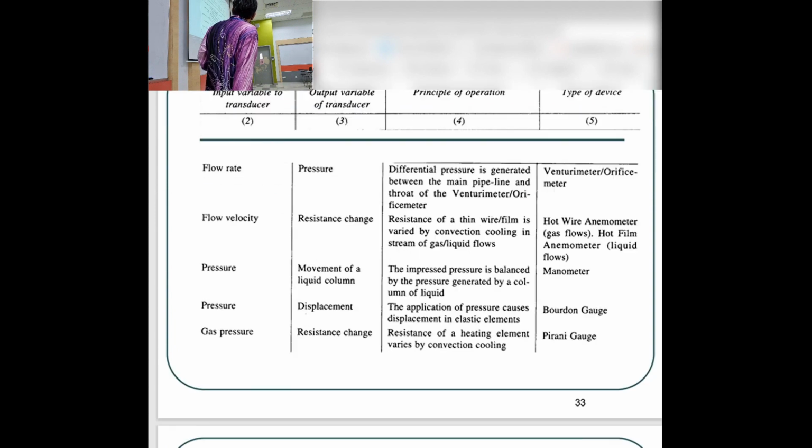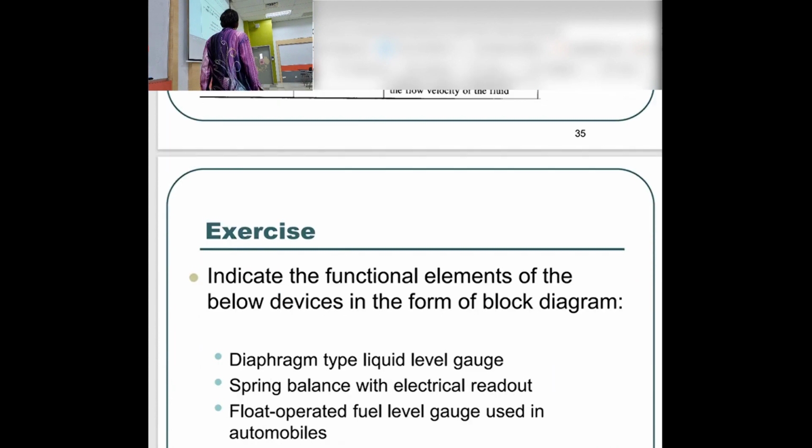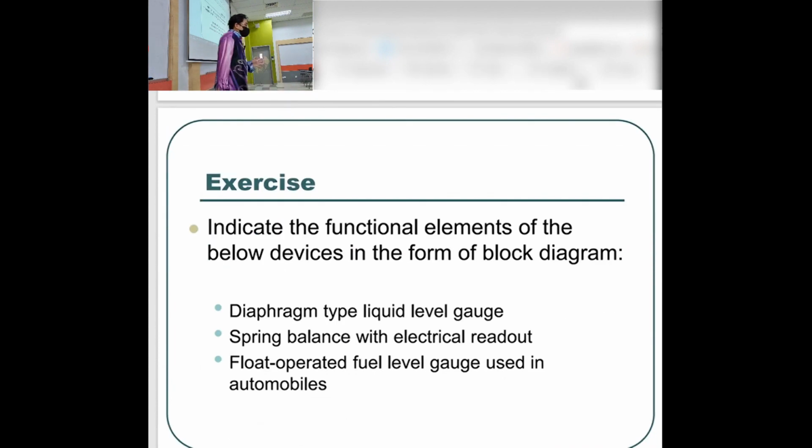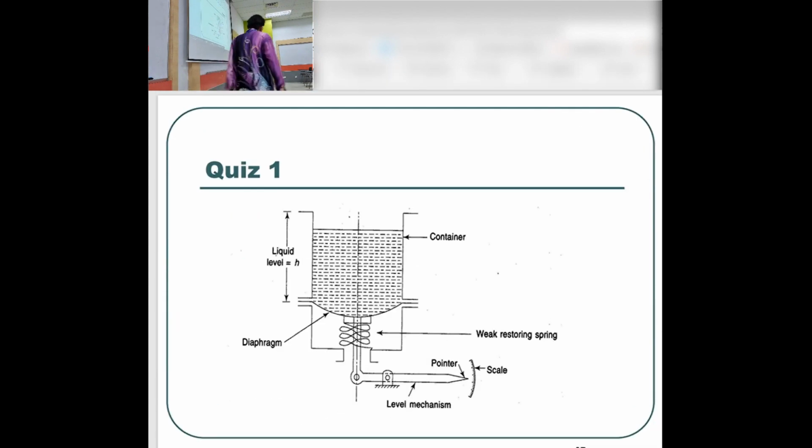The only thing I want to show here is an exercise. Suppose that this exercise is a quiz, but never mind, we just do the exercise. If you look at this one, maybe we discuss. Which part is the sensing element?